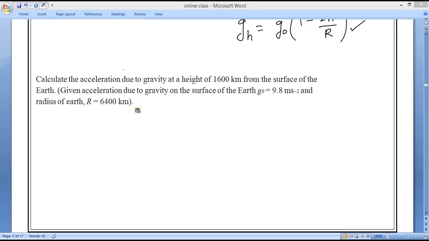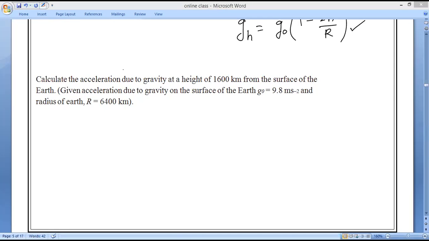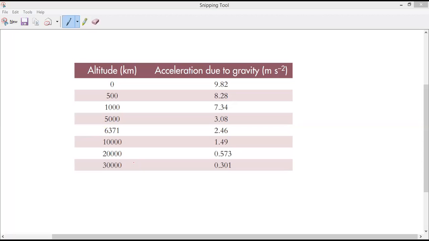Again, I am showing the same tabular column. If I keep on going up, it is called altitude. Observe very carefully. A person traveled 500 kilometers, next 1000 kilometers, next 5000 kilometers. So the altitude, going above from the earth, keeps on increasing.